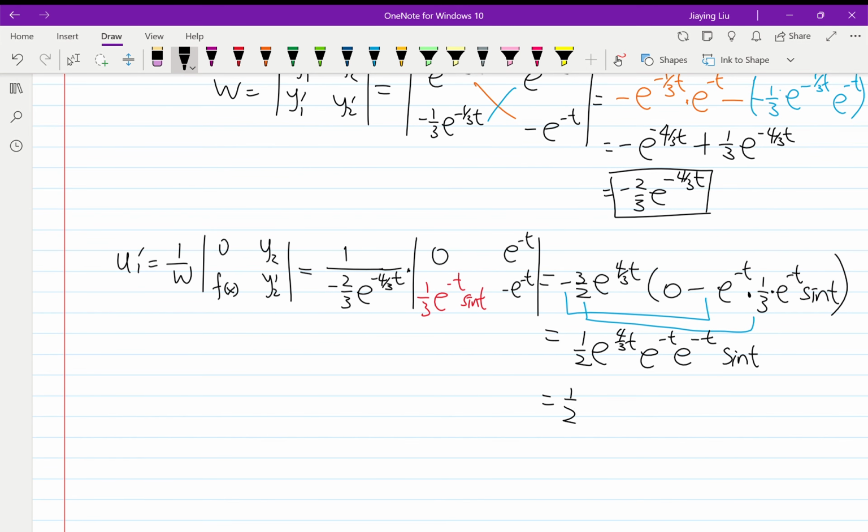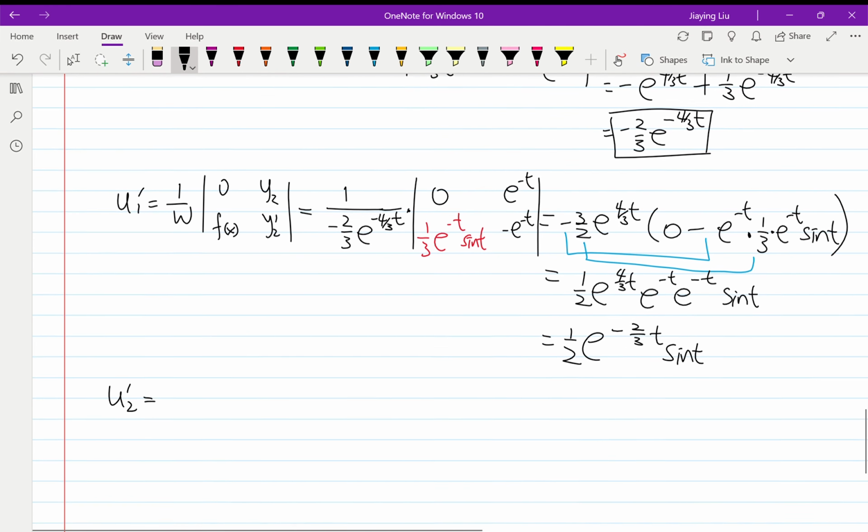And it turns out that's going to be 1/2 e to the negative 2 over 3t sine t, I believe. And I'm going to let you find u2 prime on your own. Probably similar.